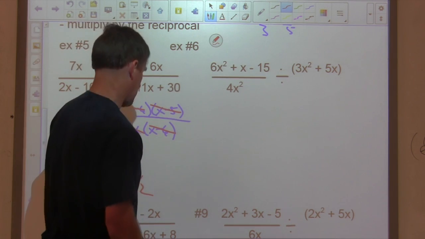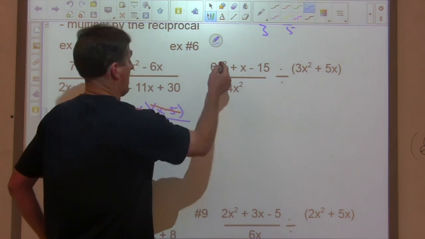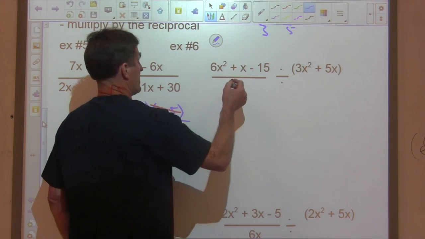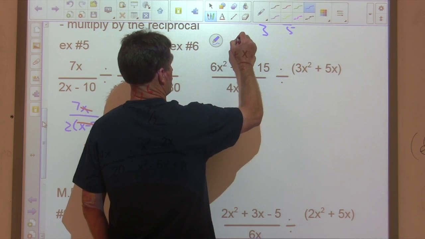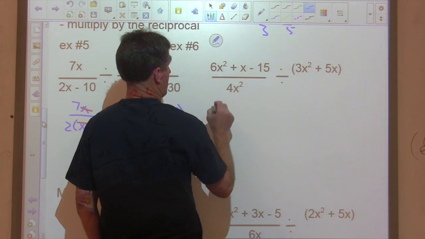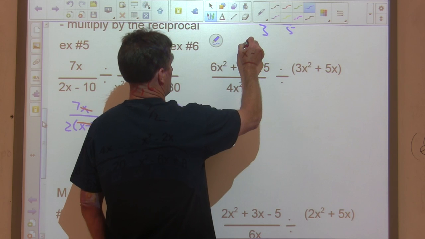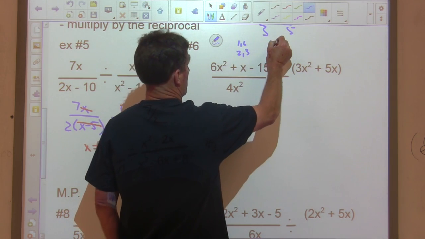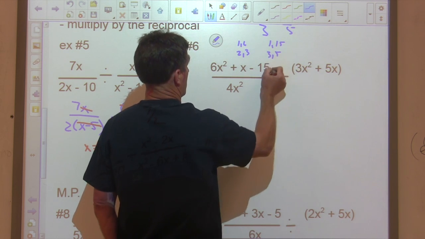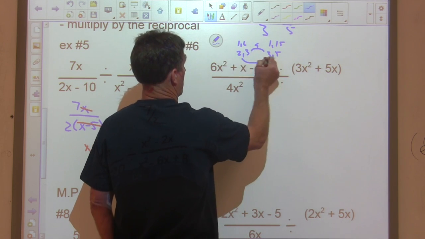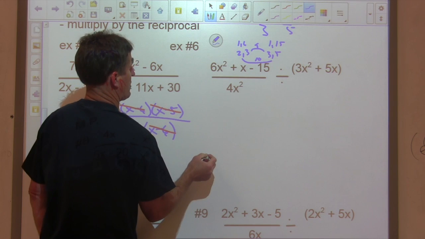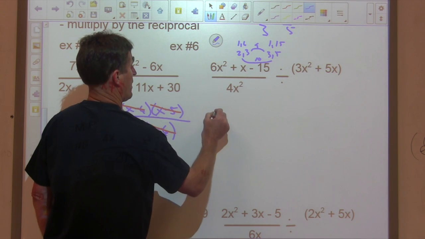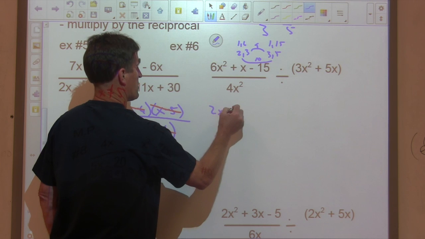This one, example 6. So I'm going to factor the top. That's going to factor into, let's see, 2x plus 5.